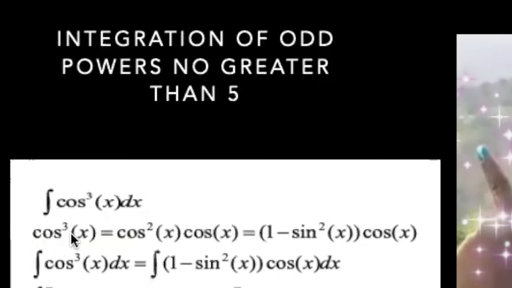What we have here is that cos cube, we are going to rewrite it in terms of even plus 1. So cos cube is the same thing as cos square x times cos x. Then we rewrite cos square x as 1 minus sine square x.